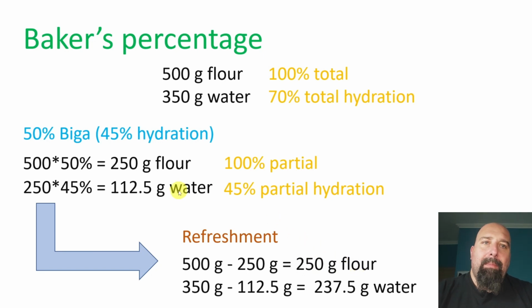For the water it can become a bit more complex, but remember, we know that it is 350 grams of water for our recipe at 70% hydration, so we just take 350 minus the water that we used for the hydration of the biga. I hope this calculation is now clear.